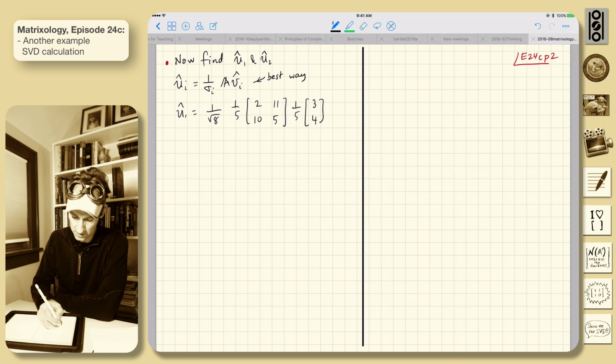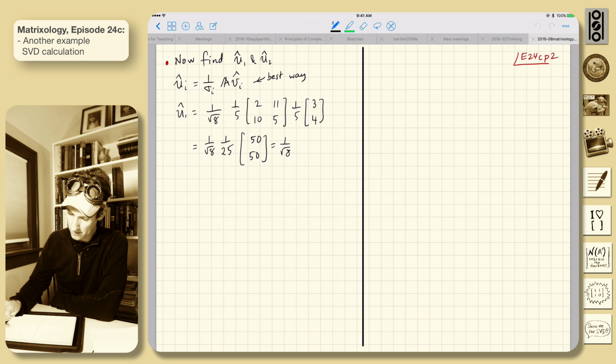That's always a nice thing to see here. So let's collect pieces. There's a 1 over 25, and we're just going to multiply this out. So 2, 11 dotted with, or inner product with 3, 4. So it's going to be 6 plus 44, 50, very suspicious. 30 plus 20, another 50. So we've got 1 over root 8, and then 2, 2.